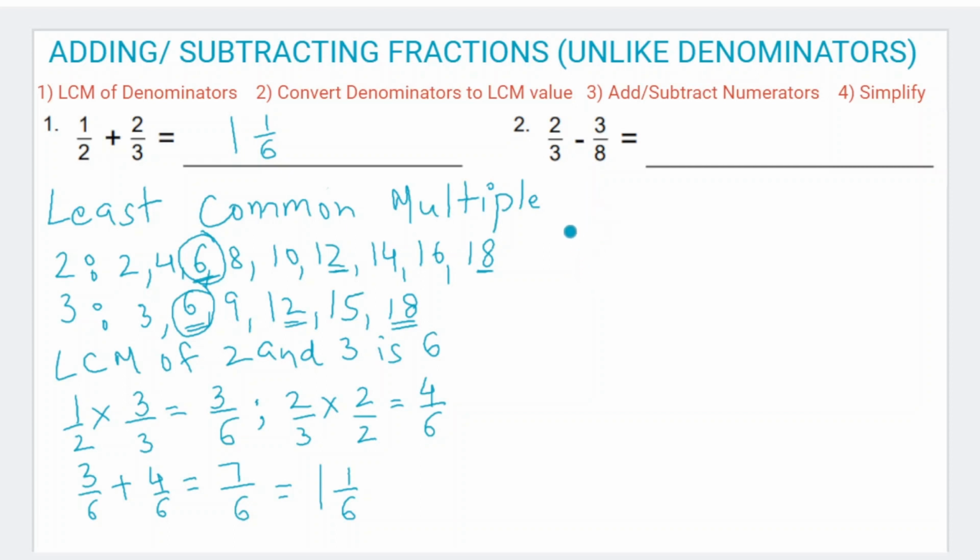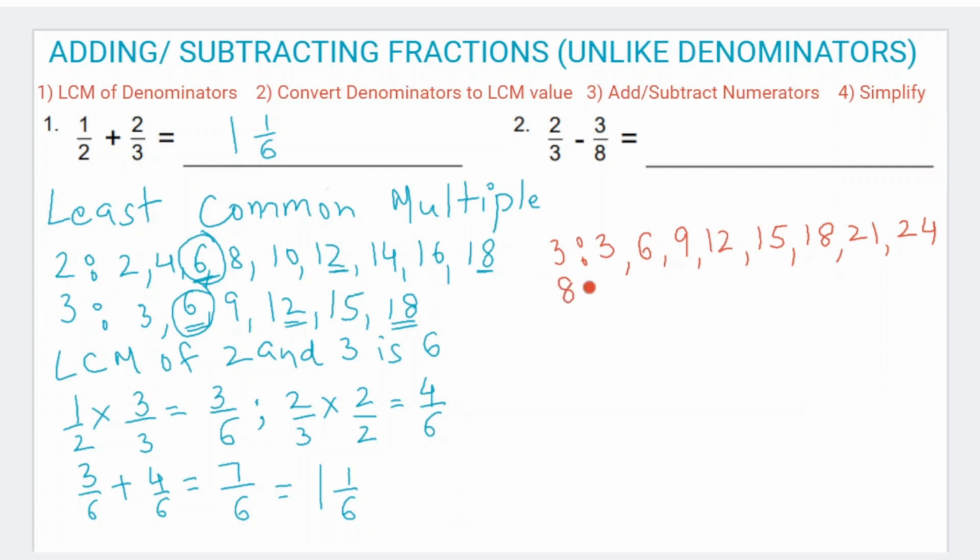Okay, so I'm going to do the same steps. I'm going to figure out the LCM of 3 and 8. So let's figure out the multiples of 3, even though we did it in the previous question. So let's write again 3, 6, 9, 12, 15, 18, 21, 24, and so on.